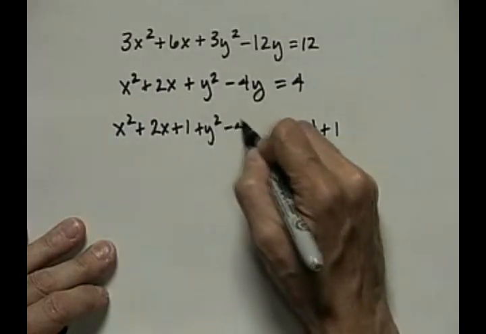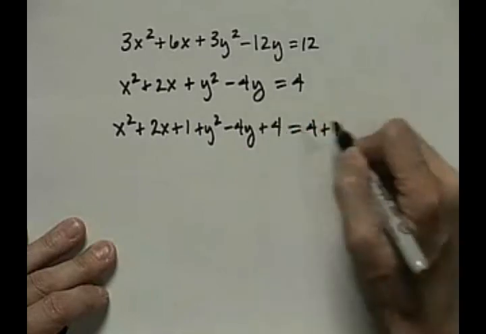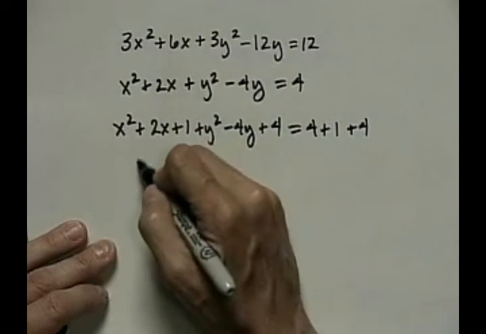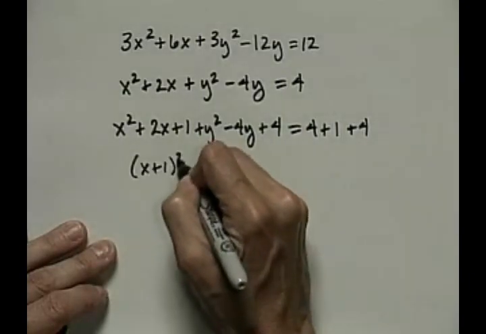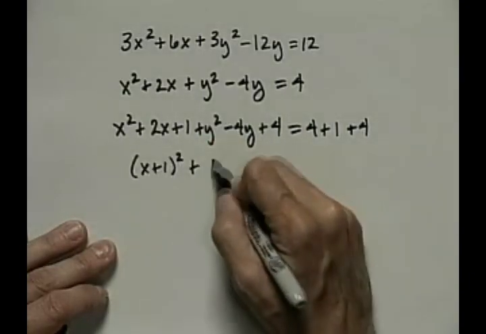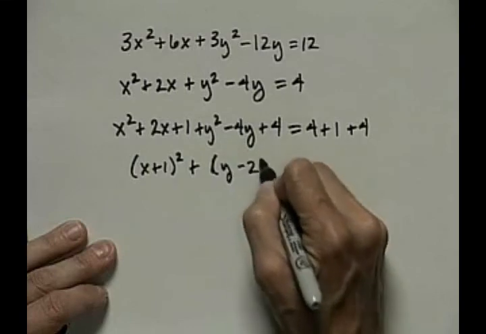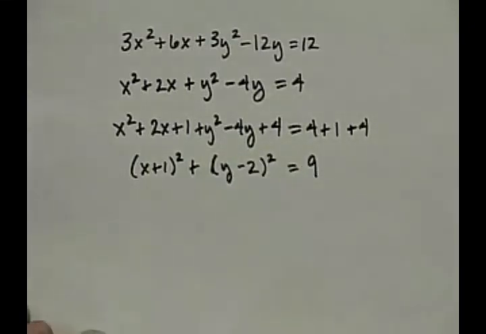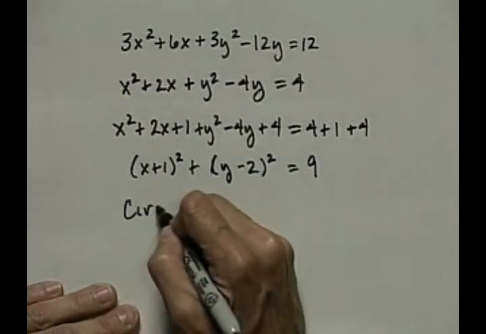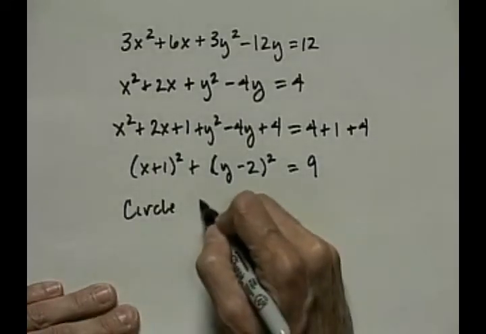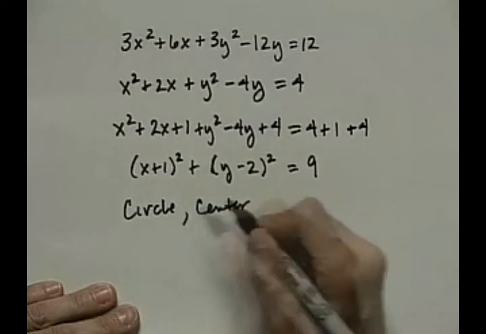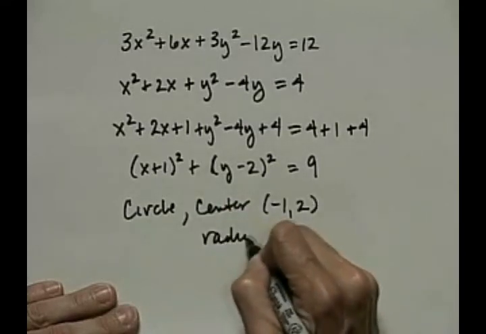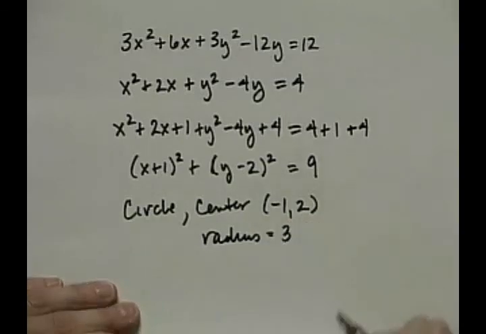To complete the square on y, I add 4, so we need to add 4 to the right-hand side. And factoring the trinomial in x, I get x plus 1 squared. In y, y minus 2 squared, and that sum is 9. And I can see that what I have is a circle with center (negative 1, 2) and radius 3.